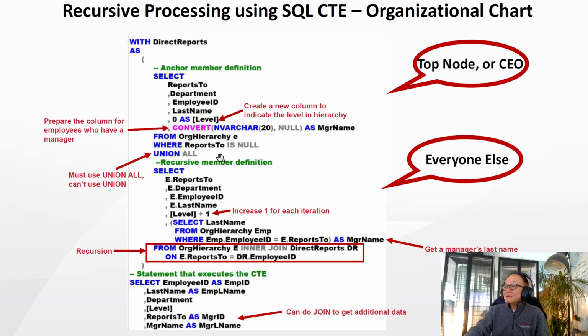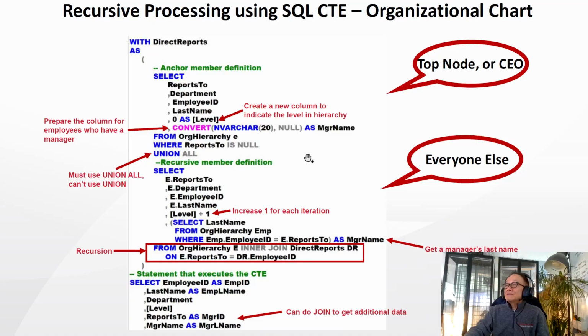These two data sets must be combined using union all to create a complete graph. We cannot use just union. If we use just union, duplicates will be removed and we will have a problem.